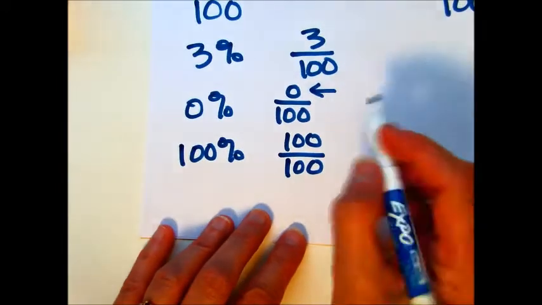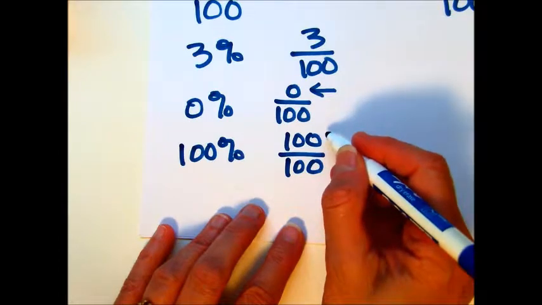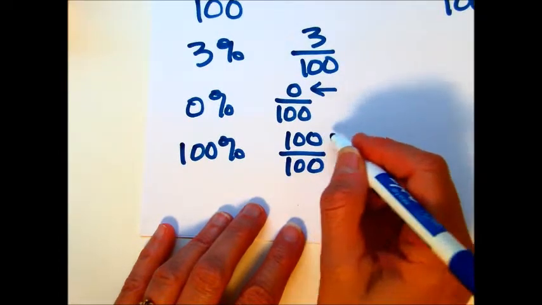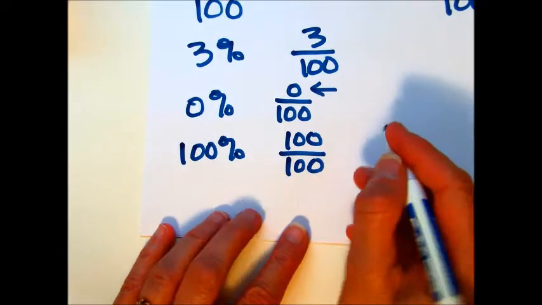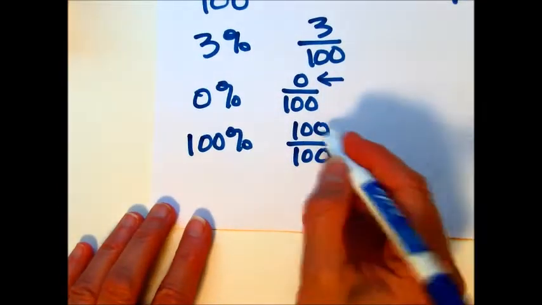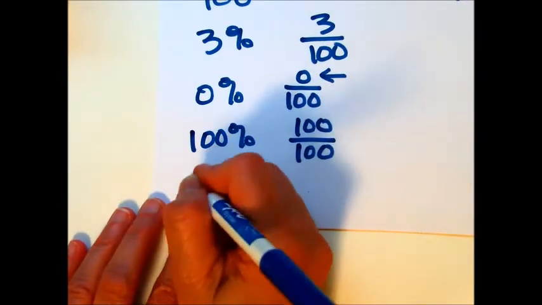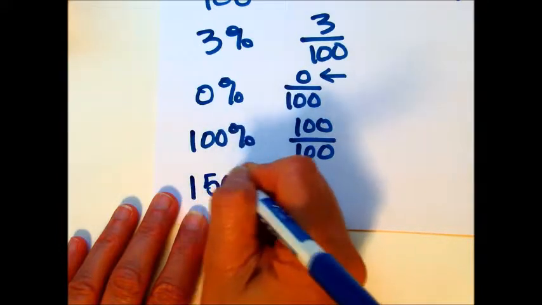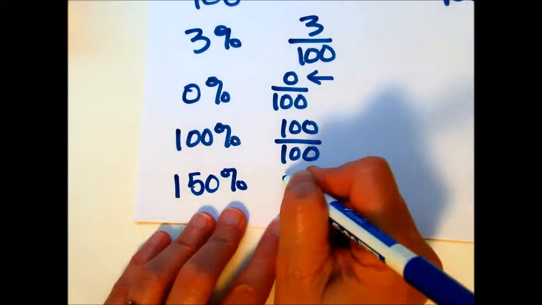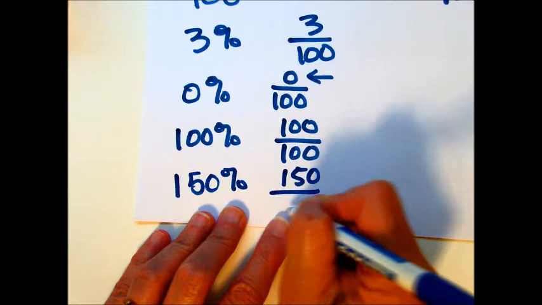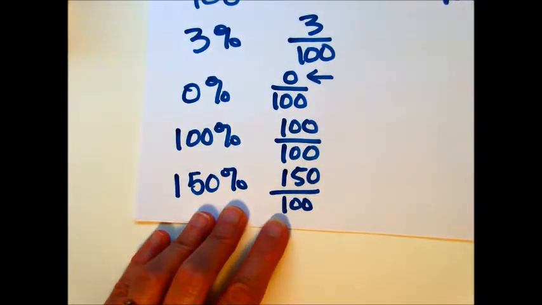And if you remember, that's a different type of an improper fraction. Remember, there's two types. Another type is when the numerator is larger than the denominator, say 150%. That's going to be 150 on top and 100 in the bottom.